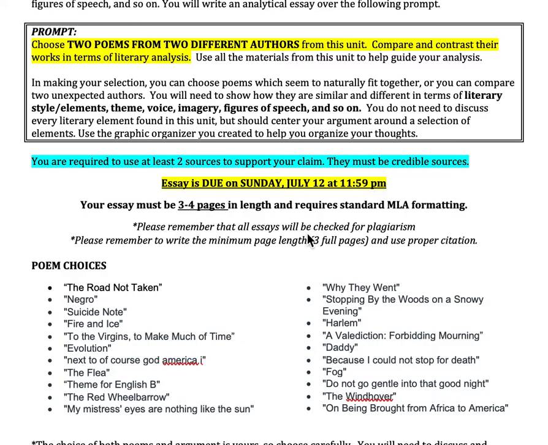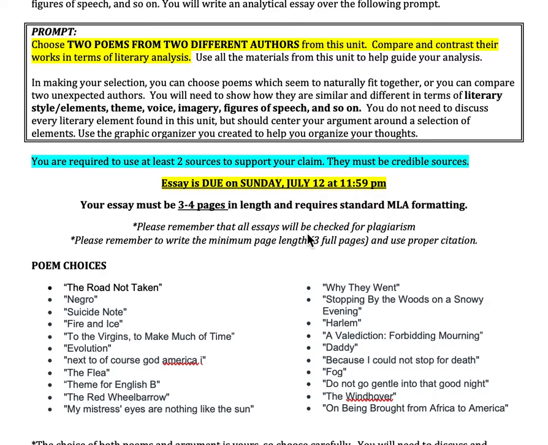You're going to need to show how they're similar and different in terms of literary style and elements, theme, voice, imagery, figures of speech, all the things we talked about. Again, you don't need to discuss every single literary element that we talked about in this unit, but you should center your argument around a selection of, say, 2 to 3.